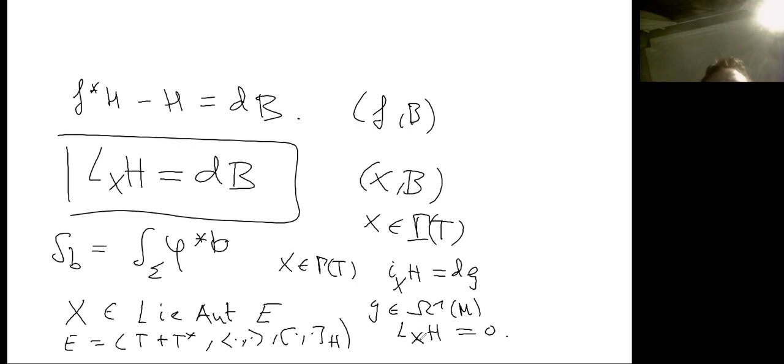But I just wanted to show you that this natural condition which appears when you are trying to look for directions where your functional is not moving is related to the Lie algebra of the automorphism group of it.